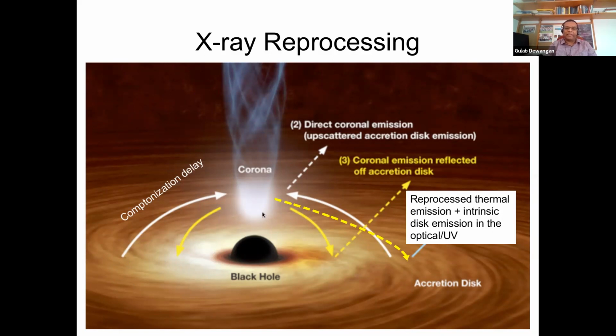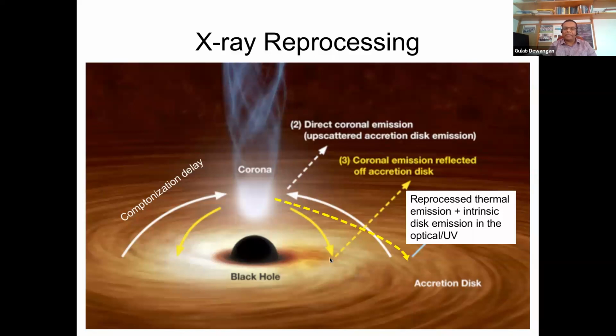And once this broadband X-ray power law is formed by this Comptonization process, then of course we observe that as a broadband X-ray power law. But a part of that also illuminates this accretion disk. Then there are two important things. First of all, the inner regions of the accretion disk reflect some fraction of these illuminated X-rays, and that we observe as a reflection spectrum.